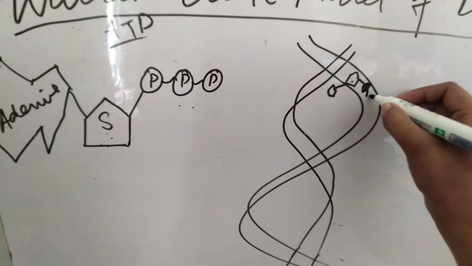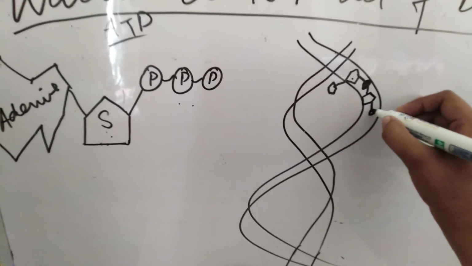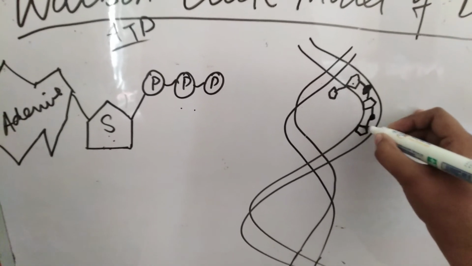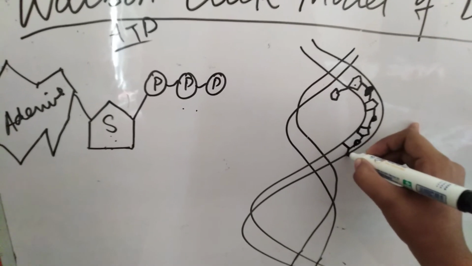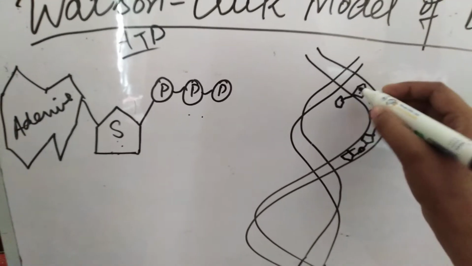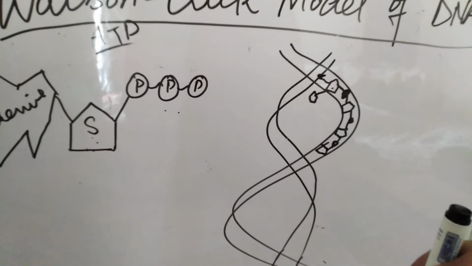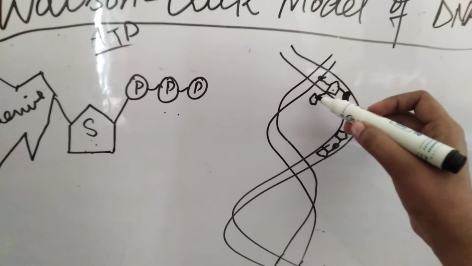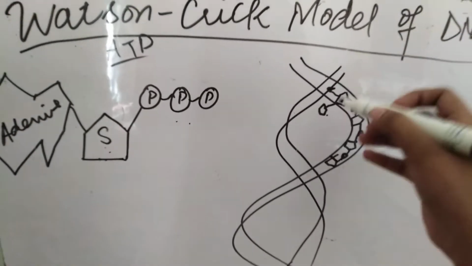Now I am going to draw another 5-cornered ribose sugar, and then another phosphate, another sugar, and then another phosphate. It will form a sugar phosphate bond. The diagram has also been mentioned in your book. This is actually adenine or thymine or cytosine or guanine.